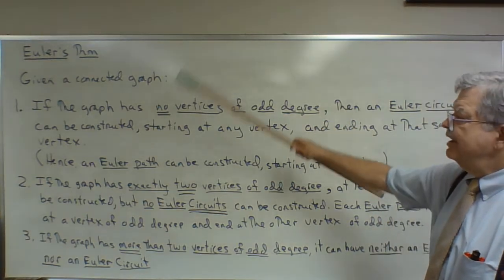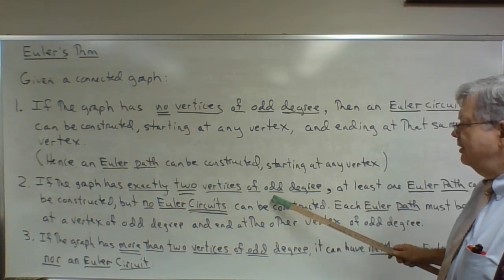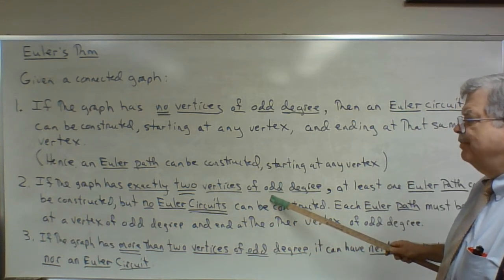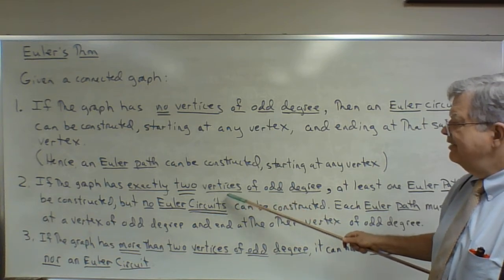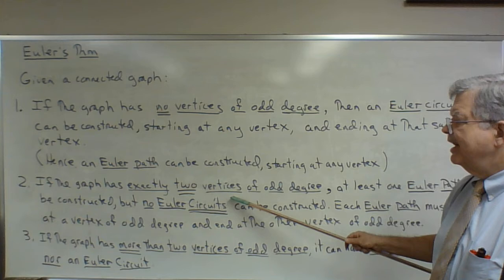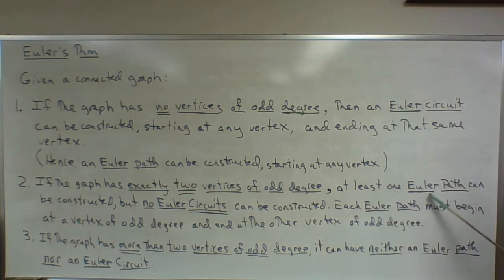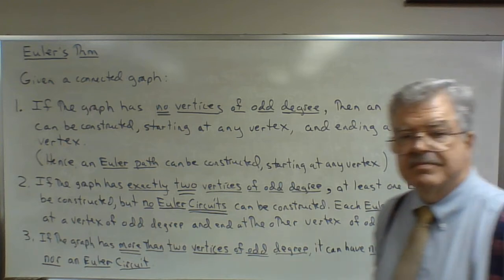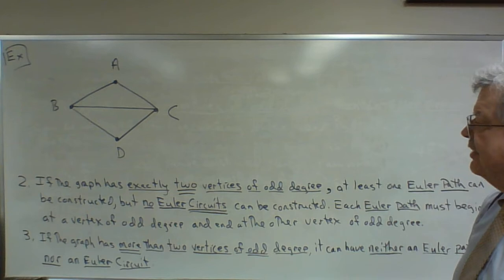Now, before I erase all of this, I'm going to look at an example that addresses what's said here in point 2. We're going to look at a graph that has exactly two vertices of odd degree, and we're going to draw Euler paths. Remember what we were just saying?